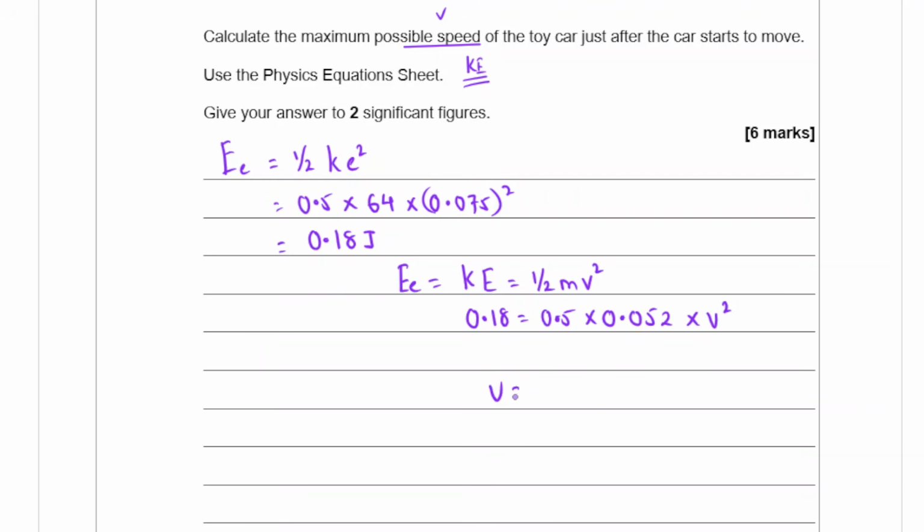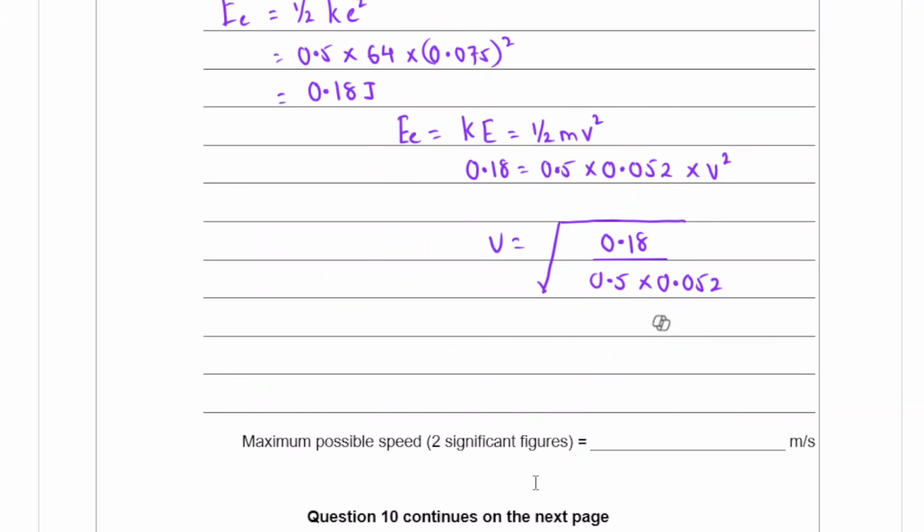V is equal to the square root of 0.18 divided by 0.5 times 0.052. That gives us 2.631. In 2 significant figures, it will be 2.6.